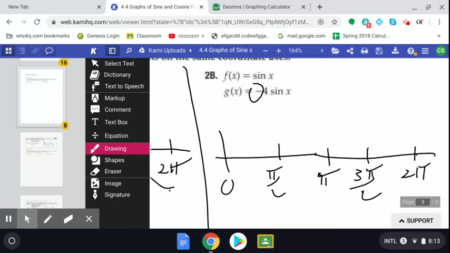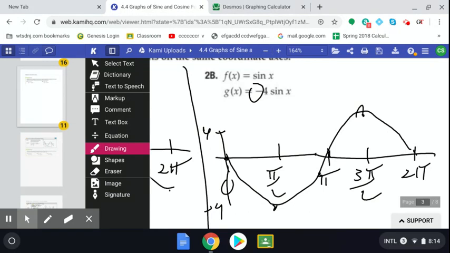So sine 0 is 0, but in this case, instead of going to positive 1, we're going to go down to negative 4. We're going to say this is negative 4, positive 4. So 0, negative 4, 0, positive 4, and a 0. So it's going to go like this.